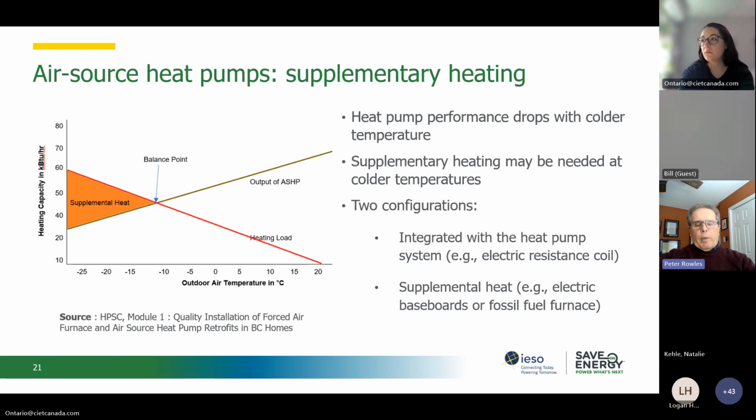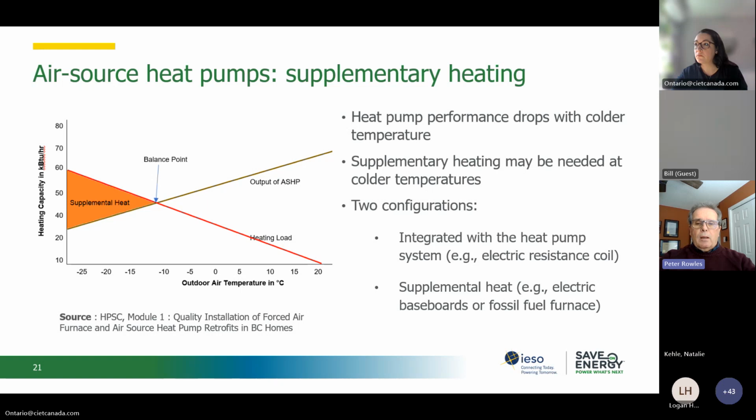So we look at a thermal balance point, which is the point where the outdoor temperature is such that the heating capacity of the air source heat pump goes below the actual heat load of the space that we're trying to condition. Below this temperature, supplementary heating is used to cover the difference between the design heating load and the heating capacity of the air source heat pump at that point.